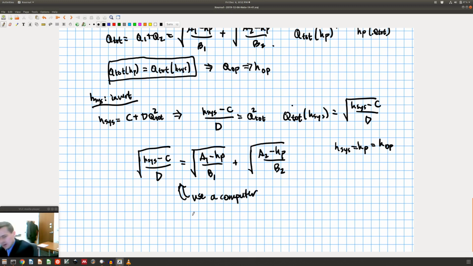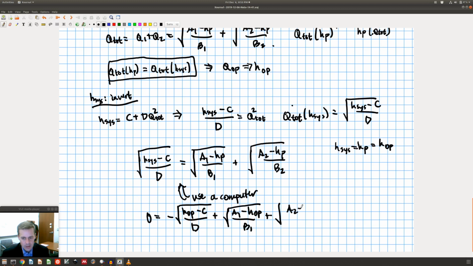So at the end of the day, I'm going to use a computer and I'm going to solve something like 0 equals minus the square root of (H operating point minus C) divided by D plus the square root of (A1 minus H operating point) divided by B1 plus the square root of (A2 minus H operating point) divided by B2.